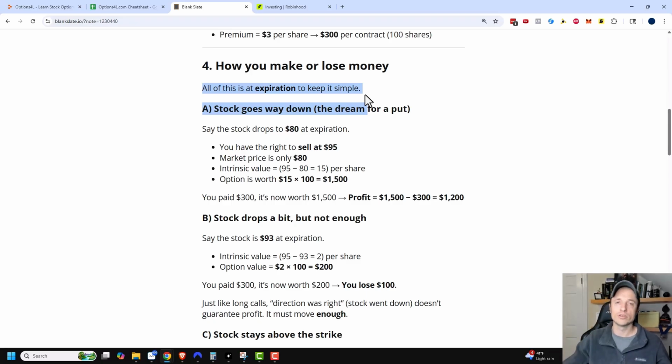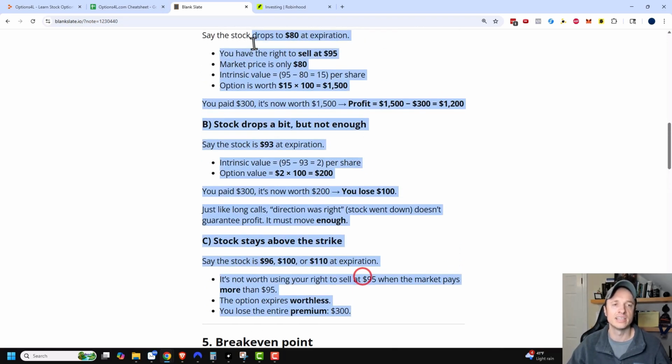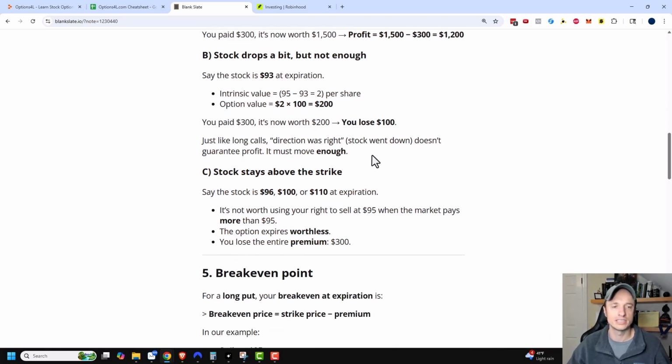Additionally, you might be able to roll your options out and further down and collect another credit and extend the life of your trade. I'll have another video on rolling options. But I just wanted to point out that this is just at expiration. There are different defensive strategies that you could do before your stock options expire, so you're not just stuck to these three outcomes. There are many other things you could do.